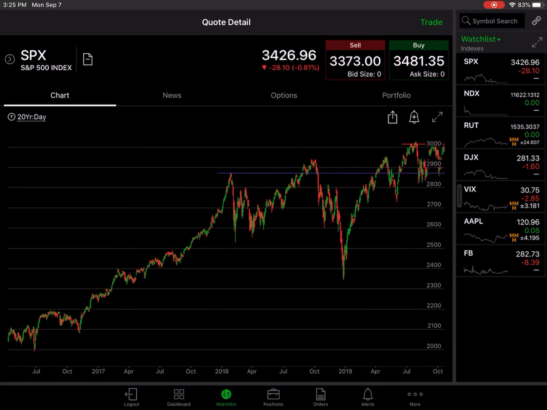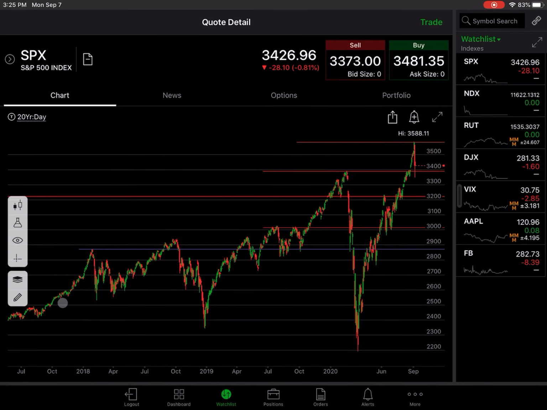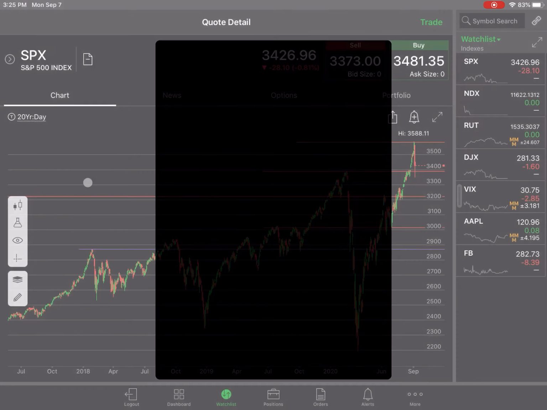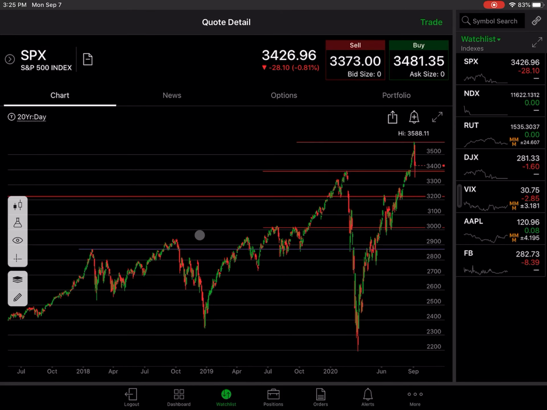We talked about drawing the lines by just clicking on the pencil and then new and then price level. We've also talked about how you want them to be touching as many places as you can, both for the market pausing when it was going up and also pausing when it was going down at that same level.